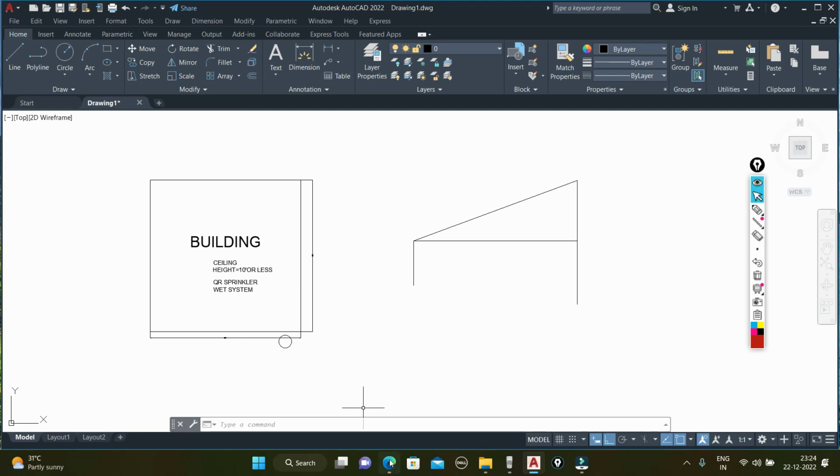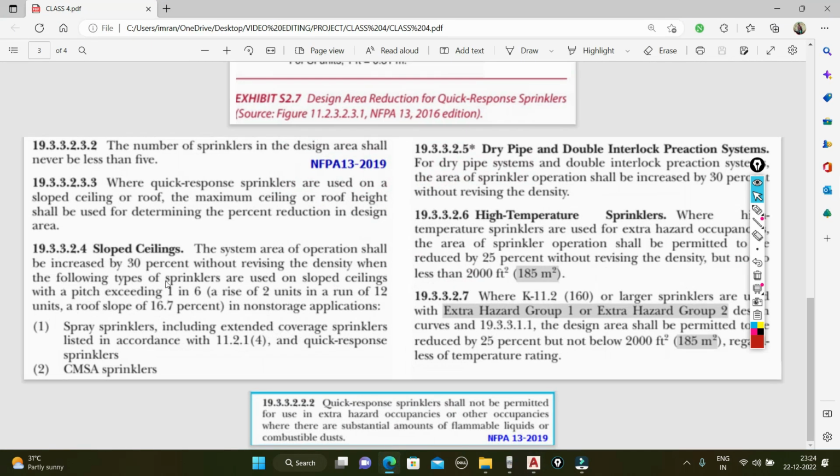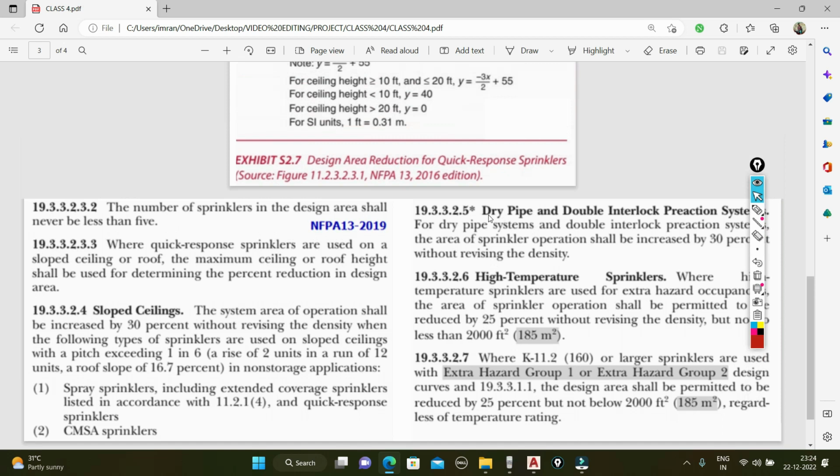Okay, and also next, slope ceiling, but when we are using a dry pipe or double interlock pre-action system, in an upcoming video we will see how many types of firefighting system there are. There are various types, like a wet system, a dry pipe system, a double interlock system, a pre-action system.